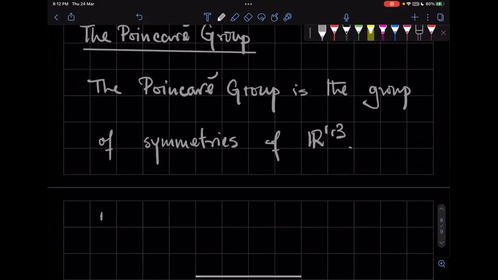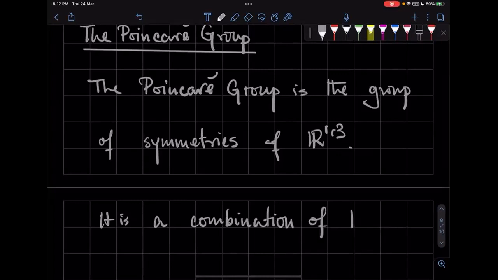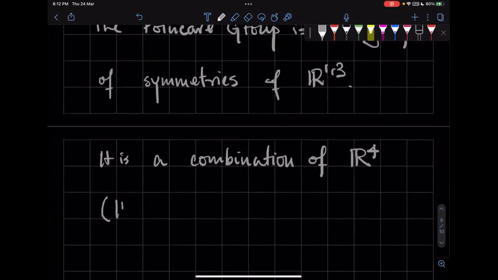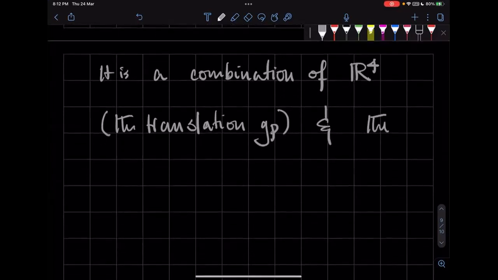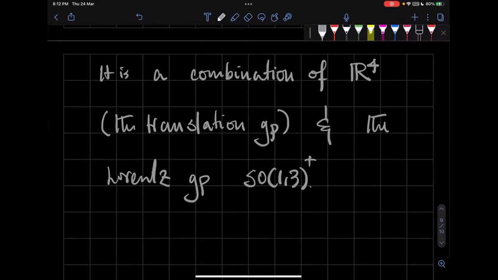So it is a combination of the translation group R4 and the Lorentz group, or orthochronous proper Lorentz group SO1,3, and there's a plus or something, right?